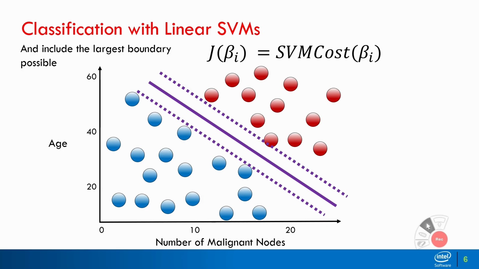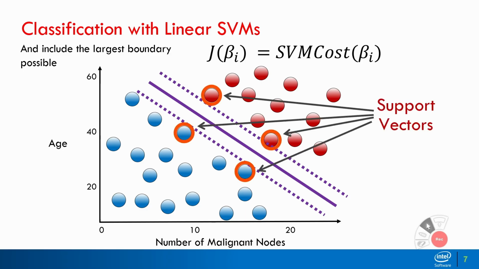How can we obtain the line from input training data? The idea is to draw the line at every place with an equal distance from the closest blue and red. The blue and red samples that touch the dotted lines are named support vectors. They maximize the distance margin between the two classes.